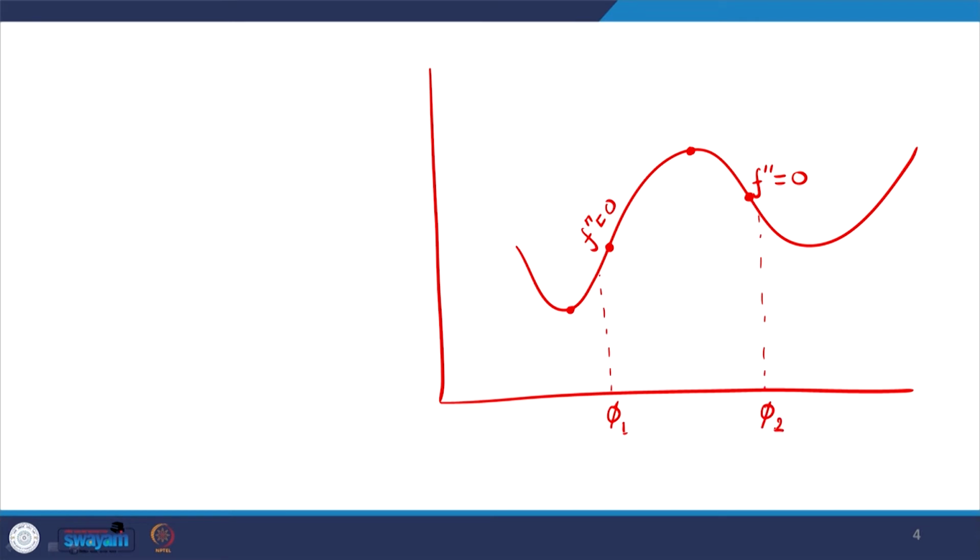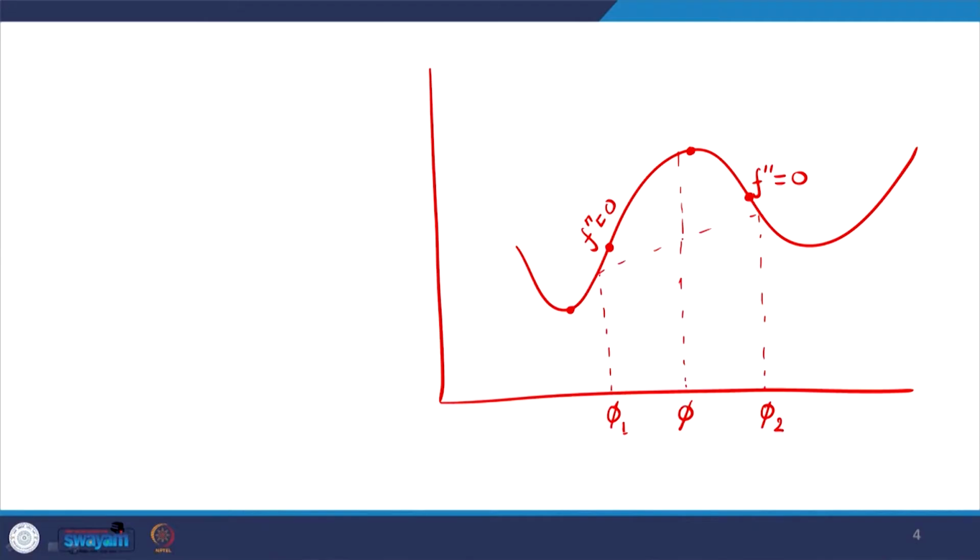So, using the construction that I have done earlier, the net phi will be somewhere around here, and clearly for that net phi, the condition for mixing is not being met, because for this value of phi, f of phi is higher than x f phi 1 plus 1 minus x f phi 2.